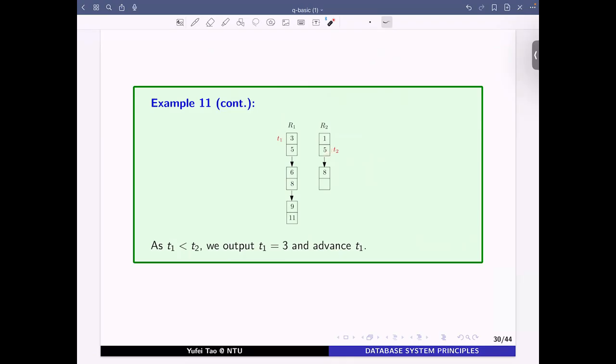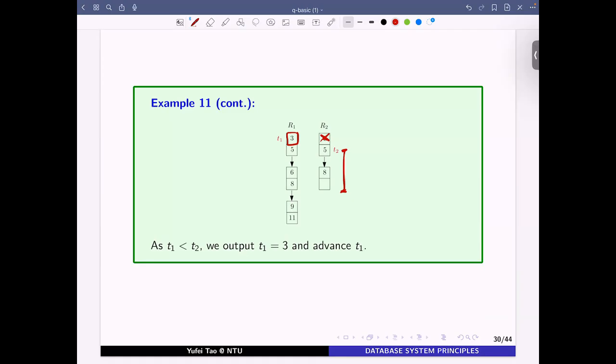So what do we have here? This time we have 3 less than 5. Now, what can you say about this 3? First of all, we already eliminated the 1. We said this 1 is not needed in the processing, so you could just pretend that it didn't exist. Now you look at this number 3. According to our invariant, this 5 is the smallest element in the unscanned part of R2.